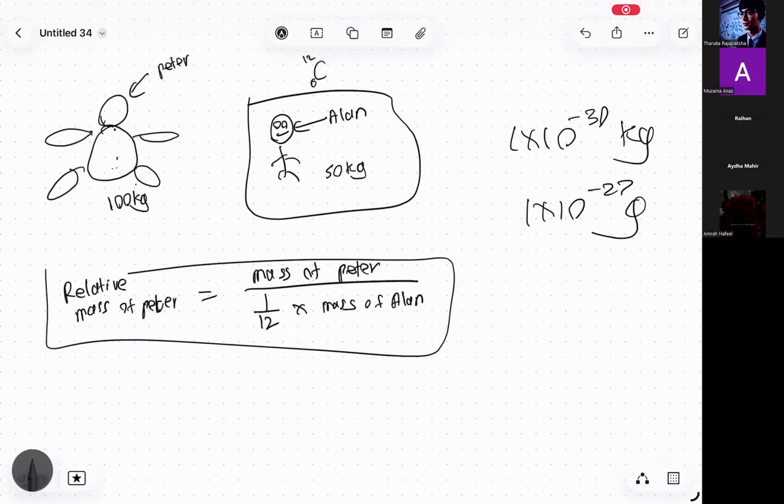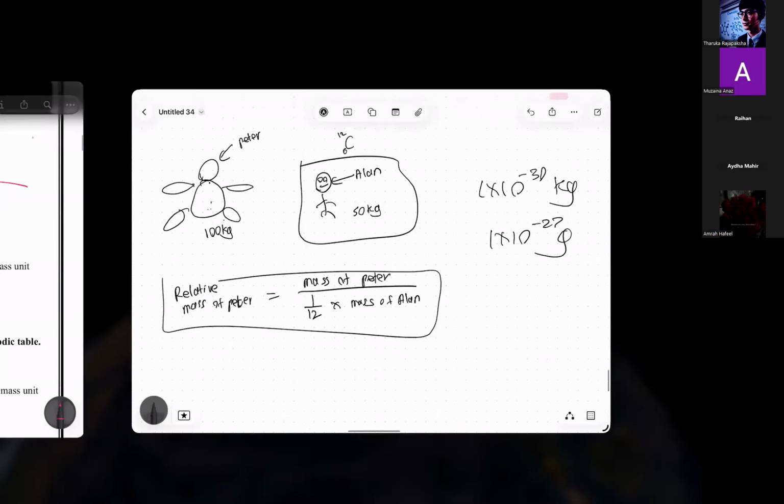Some decimal places will come, but we round off to the whole number. Hydrogen is 1, helium is 4, lithium is 7, and beryllium is 9. Likewise, there are different relative atomic masses of different elements which are like whole numbers. So it's easier for us rather than using these very hard values. We take something easier.